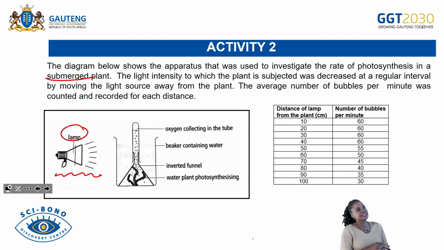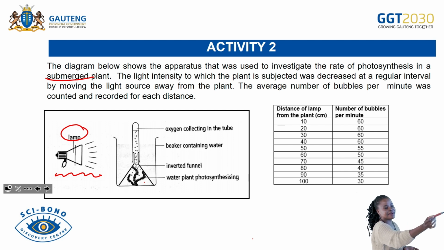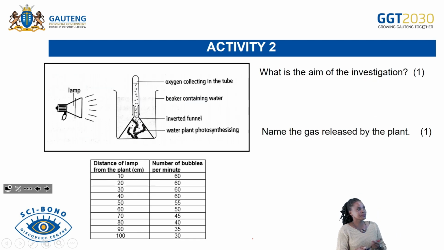Now, the average number of bubbles per minute was counted and recorded for each distance. So these are the average number of bubbles which were counted per minute. And then this is the distance of the lamp towards what? Towards our submerged plant.